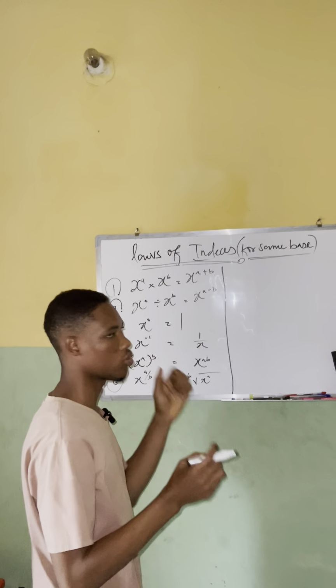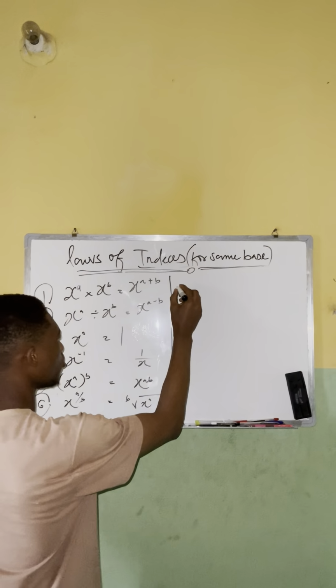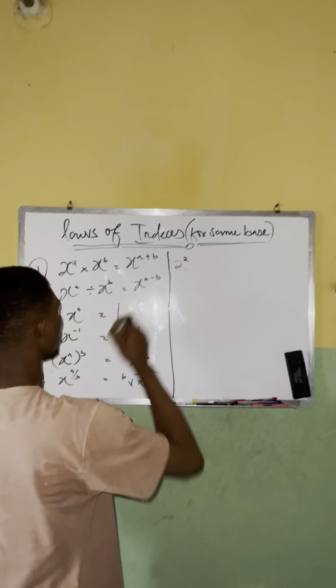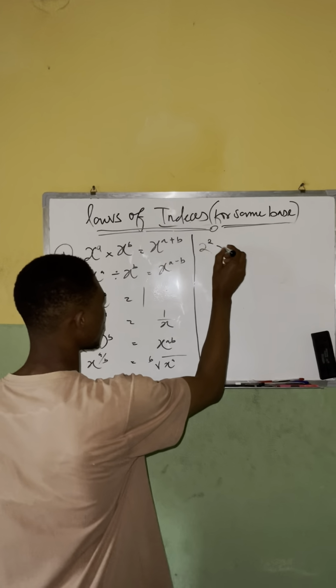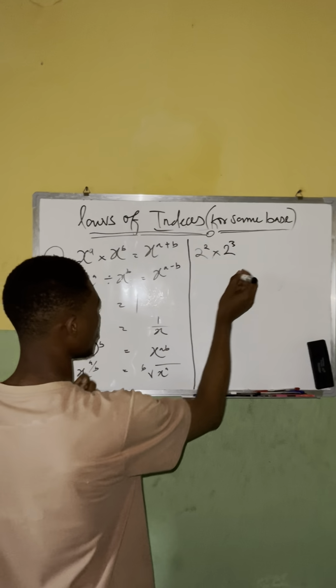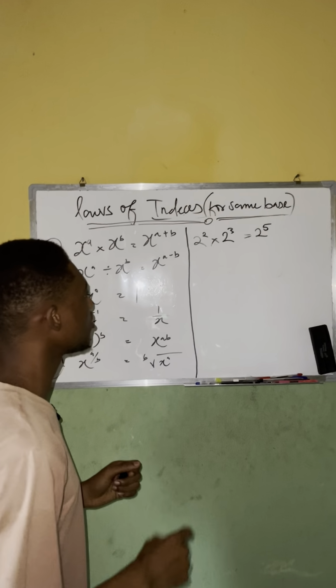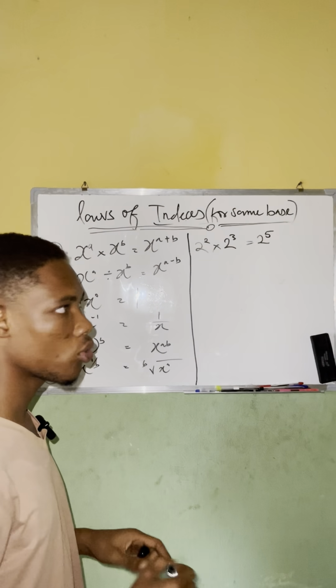Let's change this to figures so they can be easily worked with. Let's use 2 power 2 times 2 power 3. And this law is telling you that this equals 2 power 5. To know if this is actually true, here's what you're going to do.